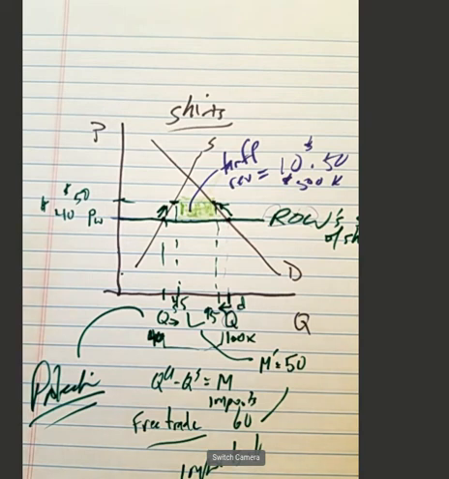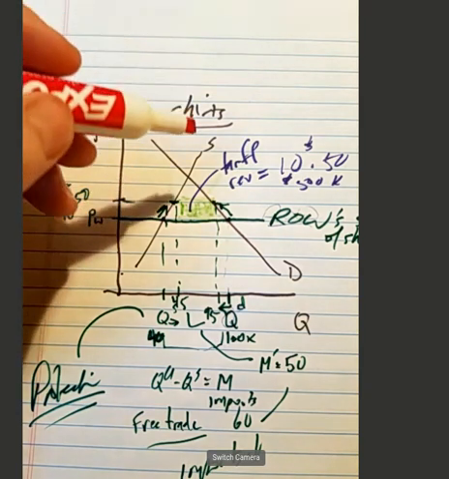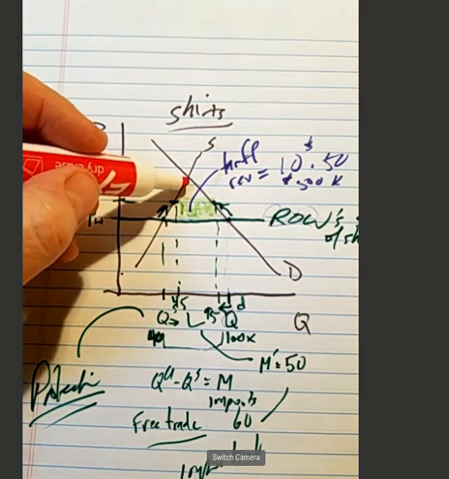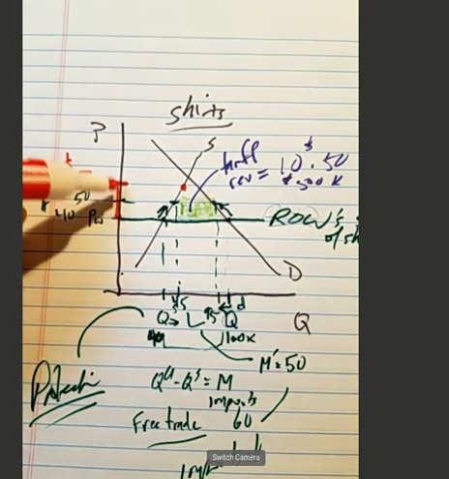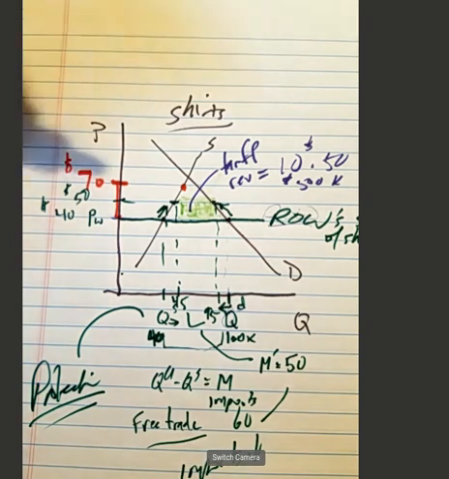One final extension to do is to consider the potential trade-off between revenue and protection. Think about a big tariff that takes us all the way to here. That's, in our little model, a $70 price. So $20 per shirt of tariff.